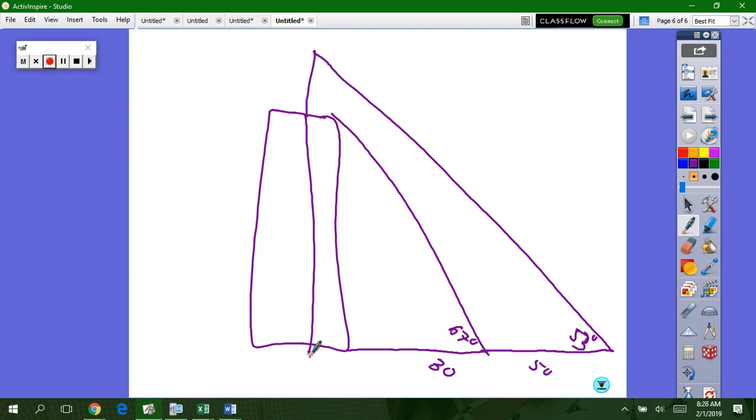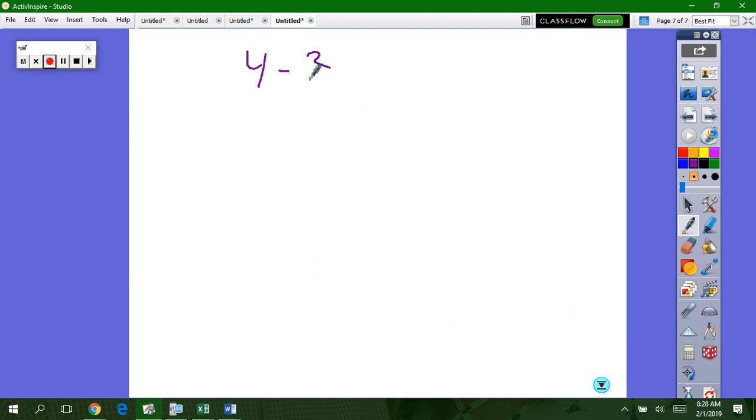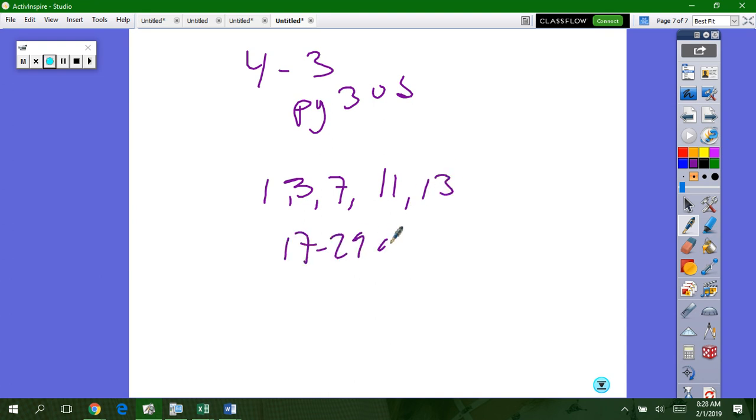You're on 4-3, page 308. You're doing 1, 3, 7, 11, 13, 17 through 29, odd. 43 through 51, odd. I should have just kept going.